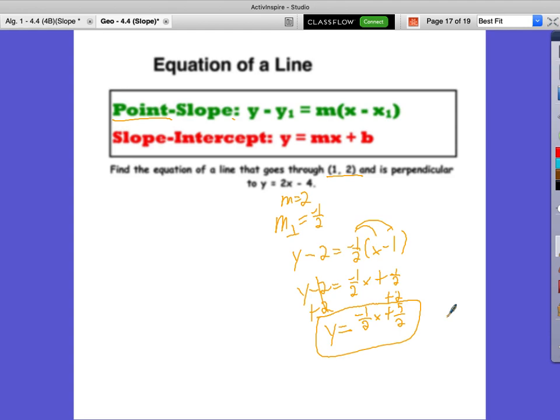I have to write all this down. She checks mine like every time.